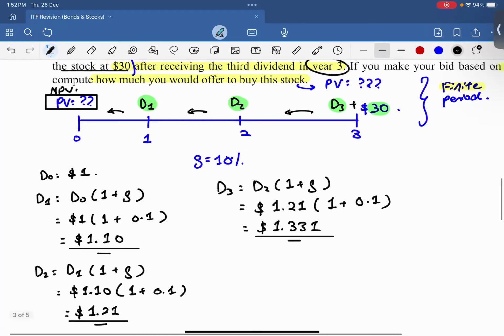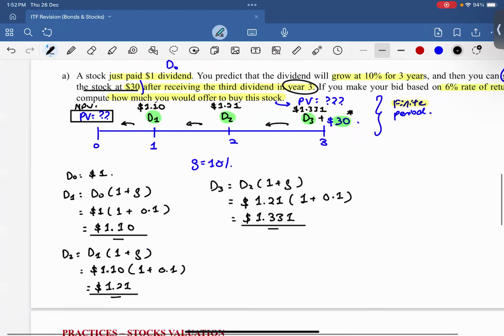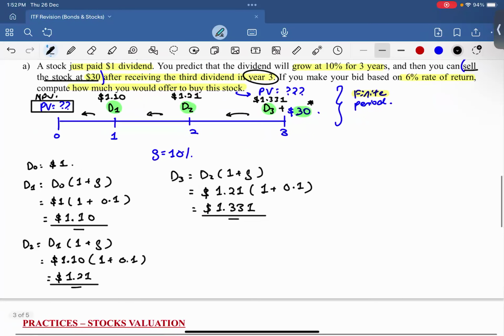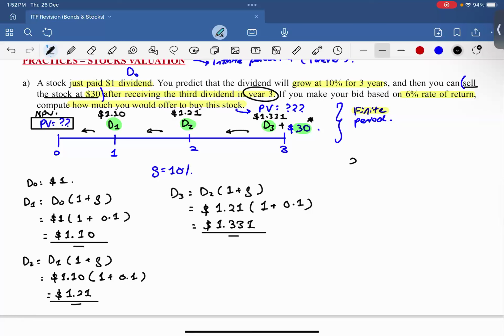So now here is 1.1, here is 1.21, here is 1.331. Remember later I need to add on this $30 also. Now what we're going to do, we are going to use the cash flow function. Second, reset, enter.